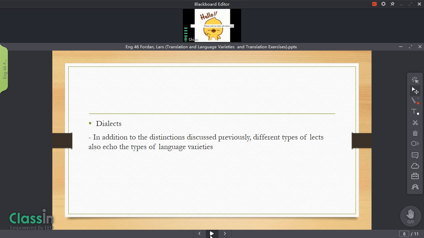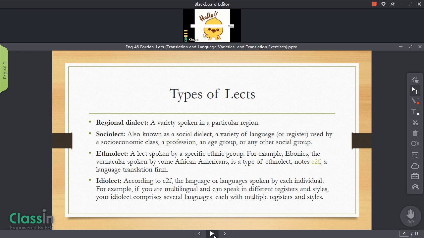Now, let's move to the next one. We have dialects. In addition to the distinction discussed previously, different types of dialects also echo the types of language varieties. Here are the types of dialects. First, we have the regional dialect, a variety spoken in a particular region. For example, if you lived in Davao City, which is my city, we speak Bisaya.